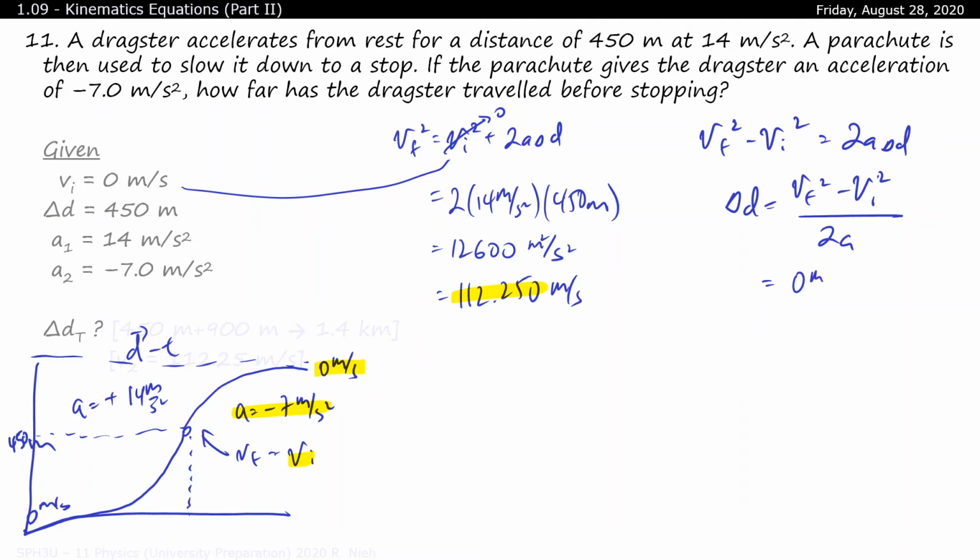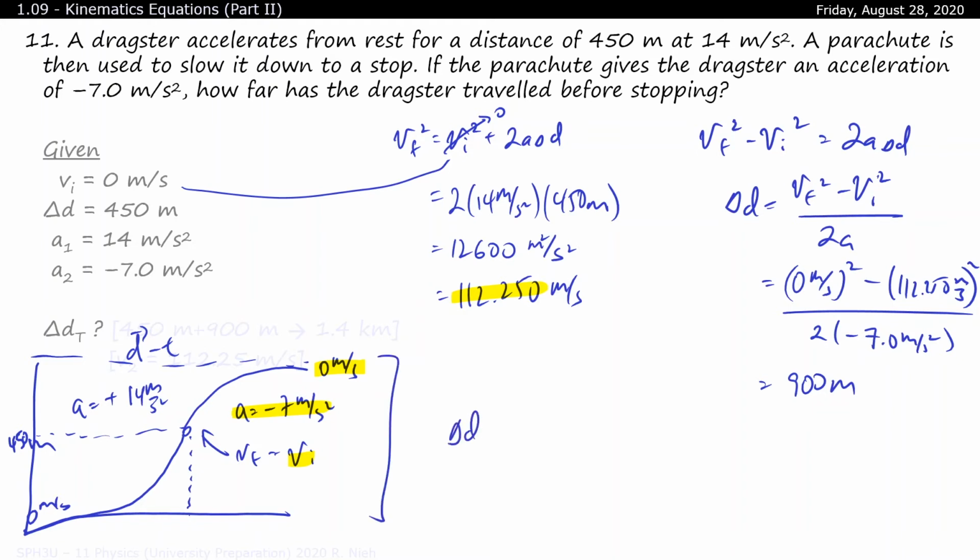So Vf goes to 0 meters per second. Vi is 112.250 meters per second, all divided by 2 times negative 7.0 meters per second squared. When you calculate through all this, you end up getting an answer of 900 meters. So it's asking the total distance of travel. So we know that our total distance of travel is equal to delta D1 plus our delta D2, where this is effectively our delta D2 over here.